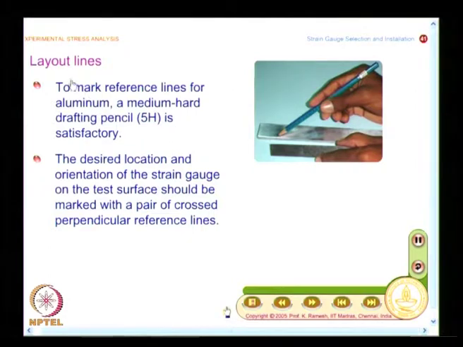So, the idea of putting the layout lines is to mark the desired location and orientation of the strain gauge to be pasted. If you look at it, a strain gauge comes with a carrier which has marks. These marks have to be aligned at the point of interest. For you to align the strain gauge, you need to have layout lines.